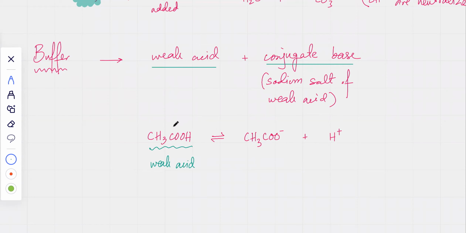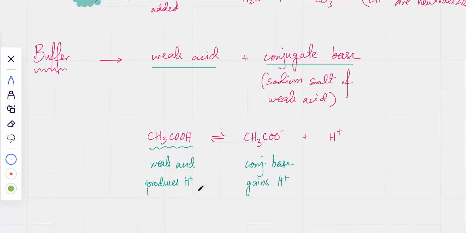But remember, when a weak acid ionizes, it always produces a conjugate base. Now, a weak acid produces H plus 1 ions. A base gains H plus 1 ions. So how is this happening?